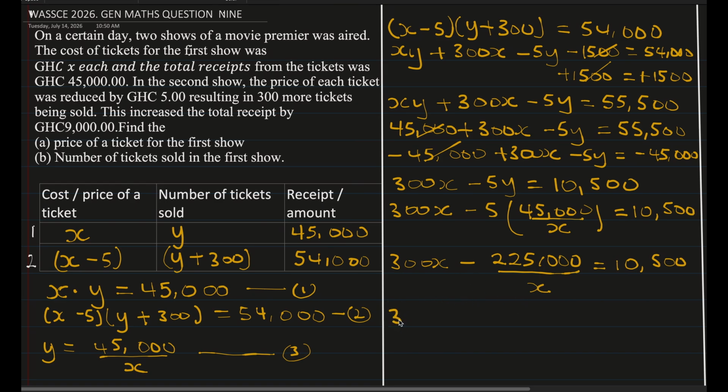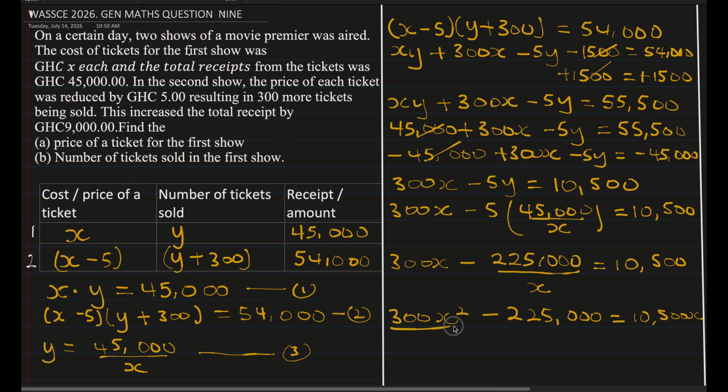All right. At this point, let's multiply through by X. So we have 300X squared minus 225,000 is equal to 10,500X. Okay. Now, let's divide through by 300 to reduce the figures.